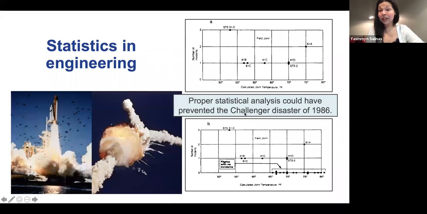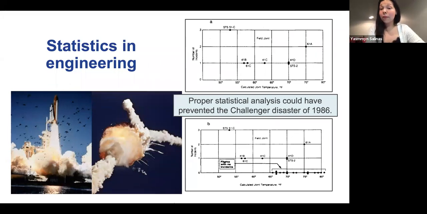One really famous example of the importance of statistics comes from the field of engineering. Engineers at NASA use statistics to determine what seem like simple things, like the probability that a shuttle launch will actually be successful.